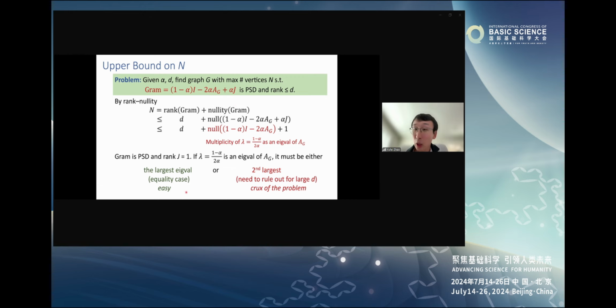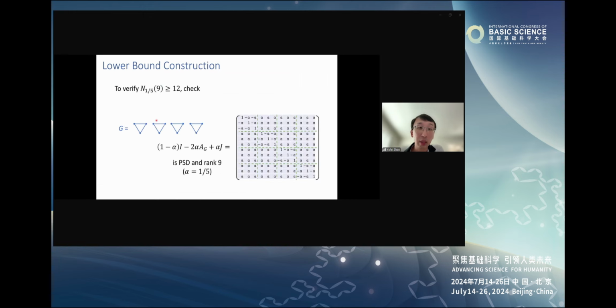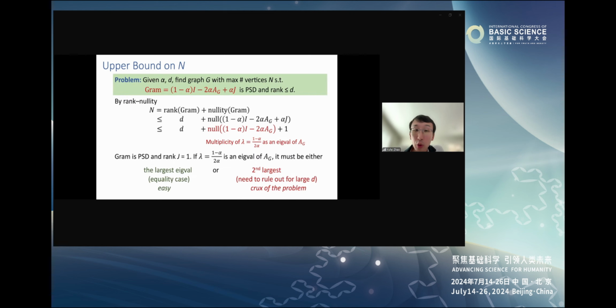The largest eigenvalue case turns out to be the easy case, and that also turns out to be the equality case, corresponding to the configurations where you have many disjoint copies of a single small graph. So the actual interesting problem is to rule out the possibility of lambda being the second largest eigenvalue.